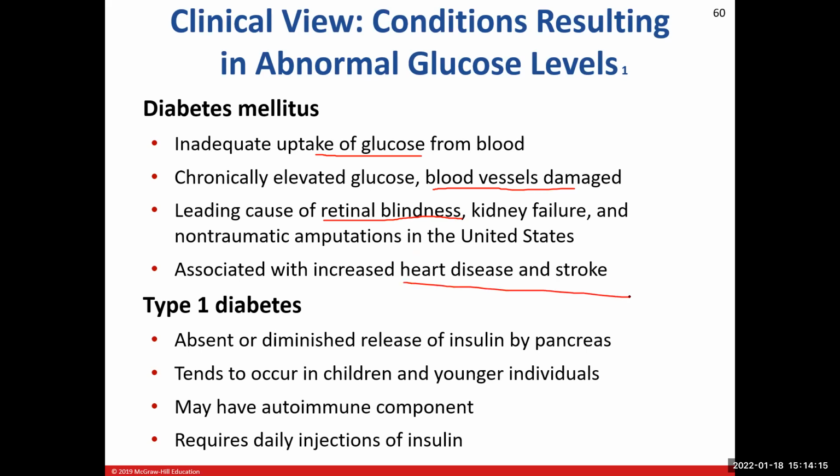Type 1 diabetes is when the pancreas is not making any insulin, or very little, so there is no effect on blood sugar levels. Of course we see this in younger individuals and children. These are the patients who will need injections of insulin regularly to help monitor that.